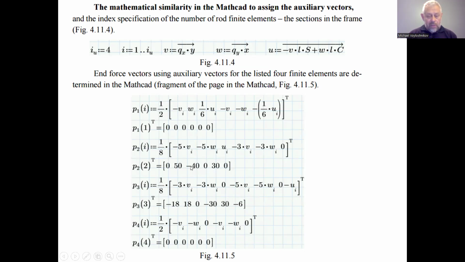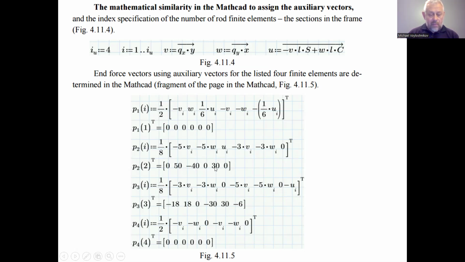This -40 is the bending moment in the connection of the second type finite element to the embedding. This is the moment, and the 50 and 30 are the two vertical forces at the ends of the second finite element. It's understandable because together we have 80.